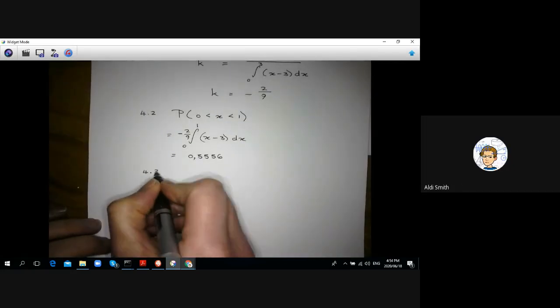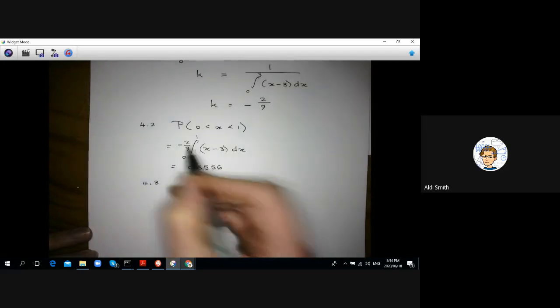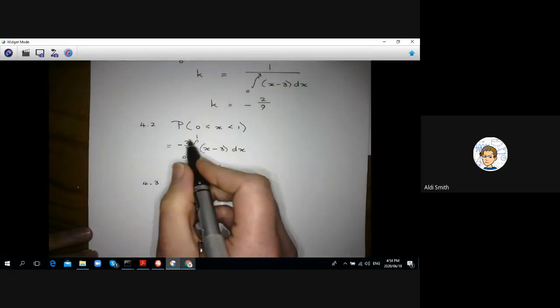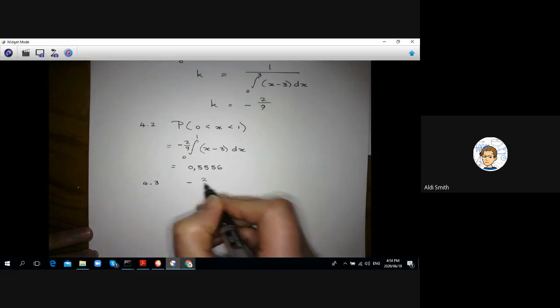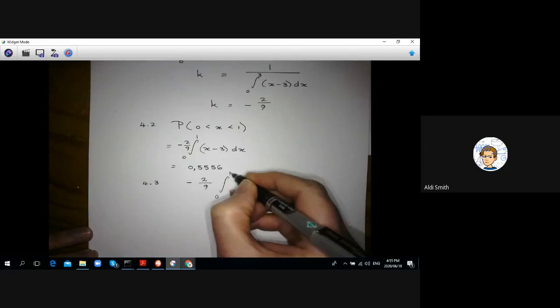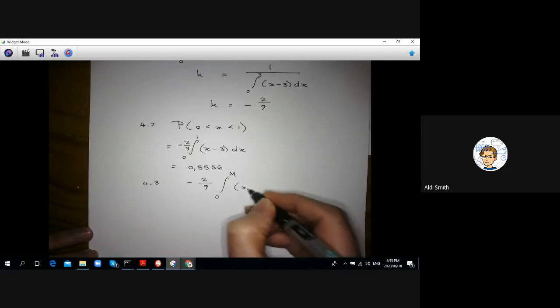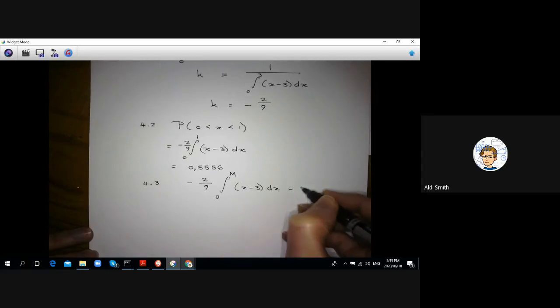Then 4.3 was the whole one: calculate the median. The median, like I've explained to you, is you can again put that -2/9 outside, it's just a little bit easier. From 0 to the median value of that x minus 3 dx is going to be equal to 0.5.